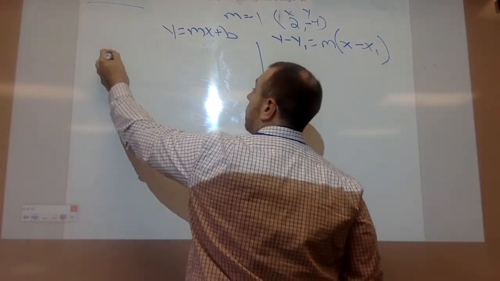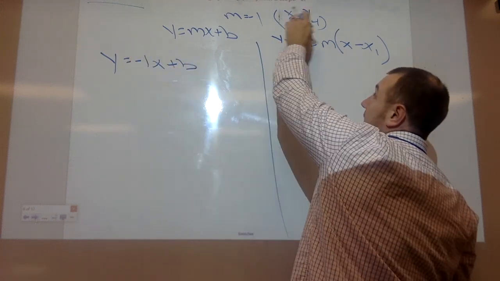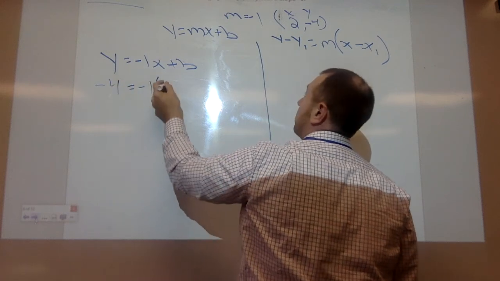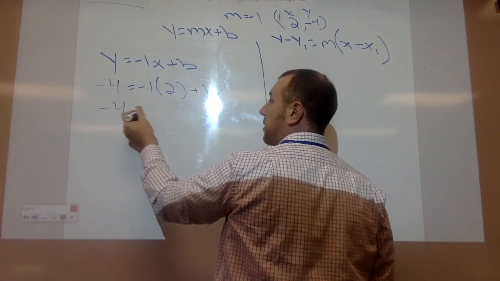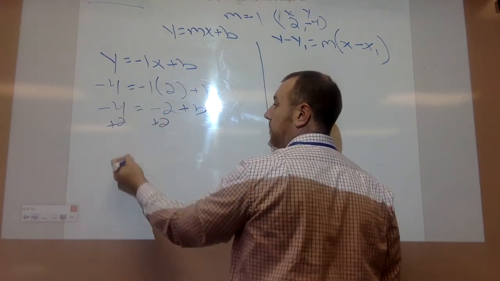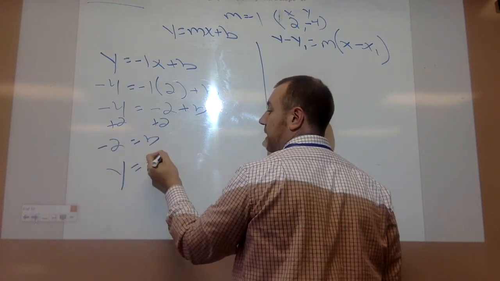In this case, y equals -1x plus b. I then take my x and y and plug them in, multiply those together, and add the 2 on both sides. Remember to write the equation.